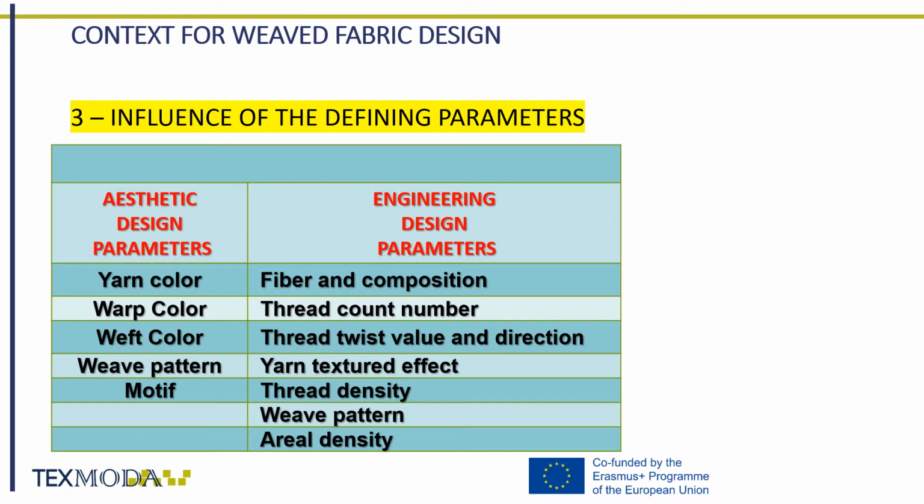As a first step, the designer chooses the fiber according to its cost, physical properties, and so on, along with all the other technical parameters, namely engineering design parameters, such as fiber and composition, thread count number, thread twist value, and thread twist direction, yarn texture effect, thread density, weave pattern, areal density, and aesthetic design parameters, particularly yarn color, warp color, weft color distribution, weave pattern, and motif.